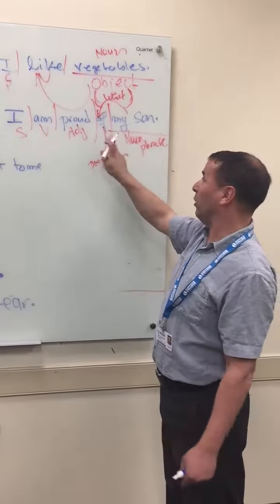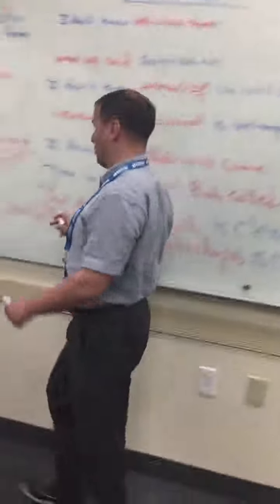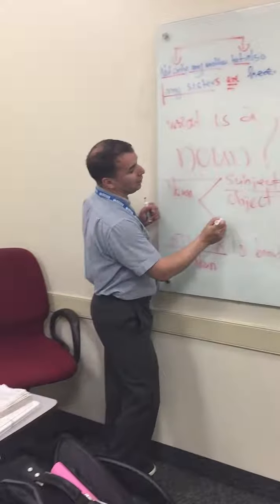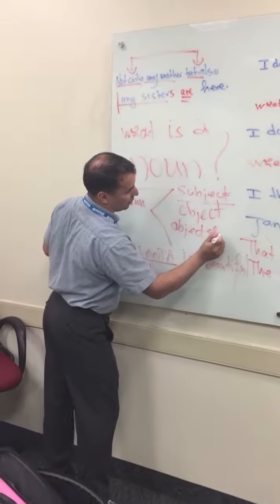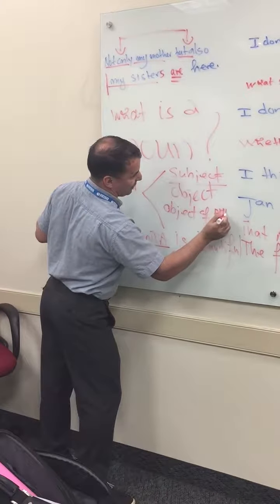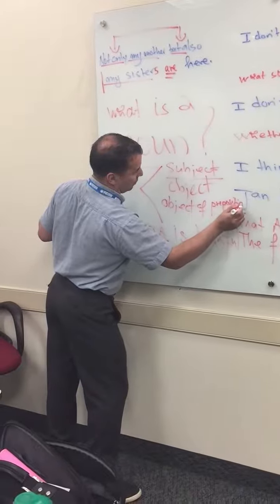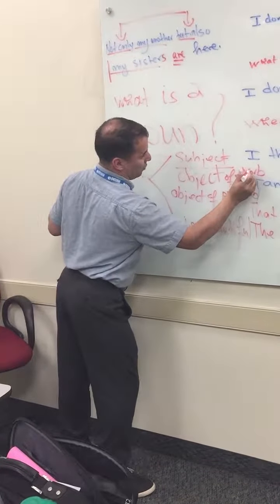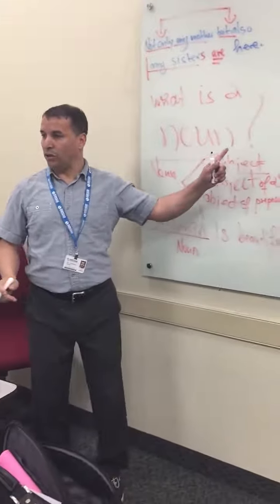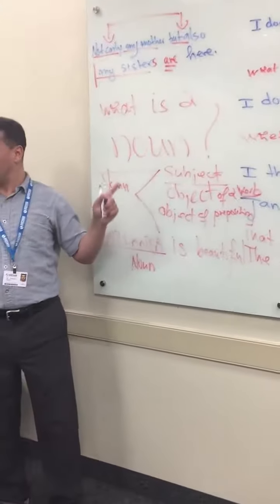So it's the object of a preposition. So one of the functions of a noun is the object of a preposition. Over here, it's the object of a verb. Okay? So guys, you gotta remember all of these things. Three different grammatical functions, right?